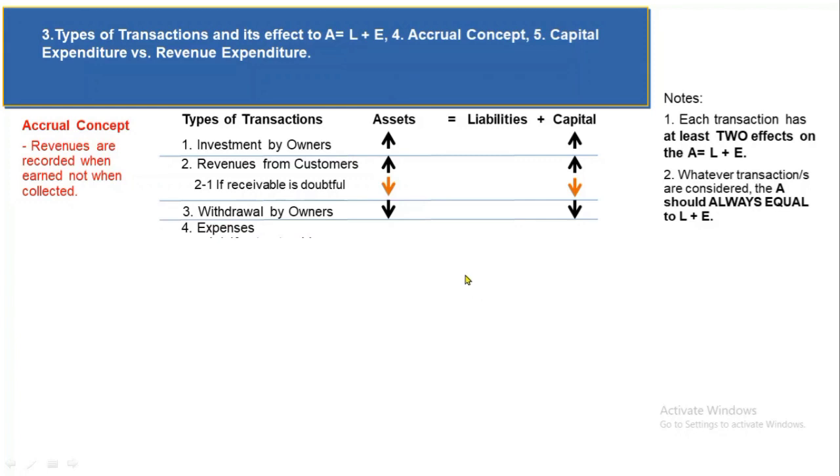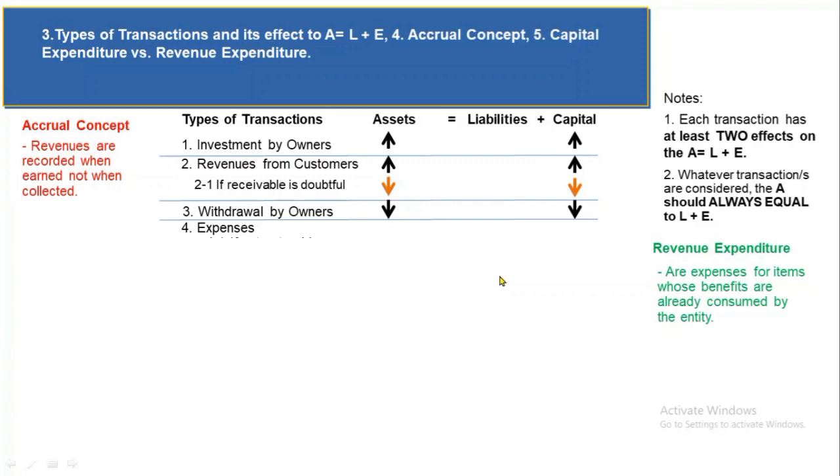But before we go to the effect on the assets, liabilities, capital, or equity, let me clarify something. The expenses that we are talking about are considered as revenue expenditures. What are these? These are expenses for items whose benefits are already consumed by the entity. For example is, when you pay for water bill issued by water districts or suppliers for the water you have already consumed this month.